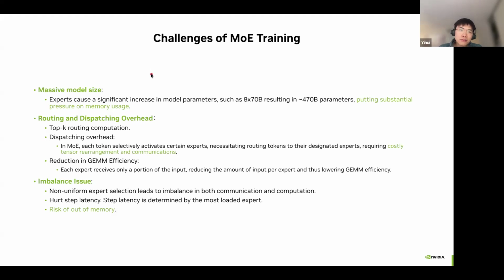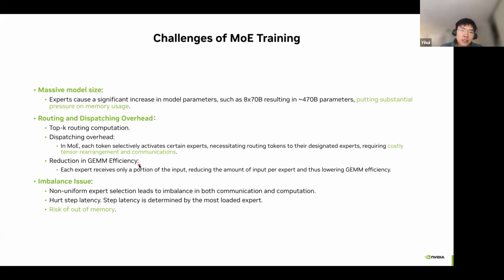In the previous slide, you will notice there's a permute and unpermute operator that essentially increases the activation memory by 2 times because all of those need to be stored. If you have top-K routing, it would also increase the activation memory by K, because the hidden states need to go to each expert and you need to duplicate them.